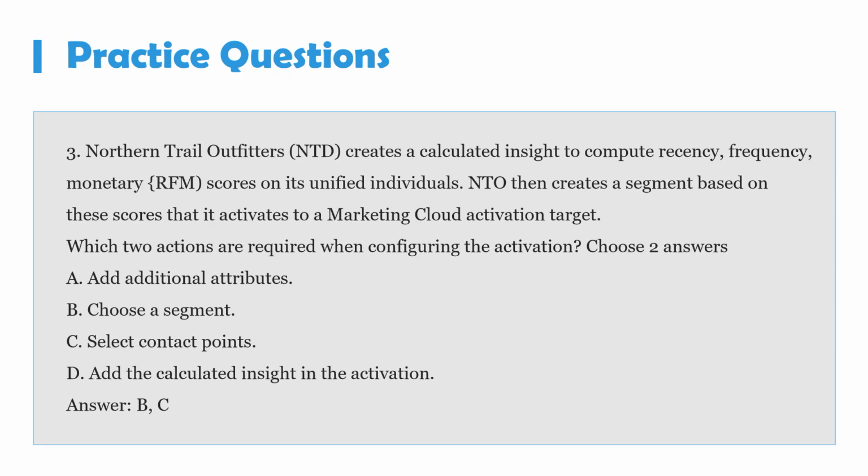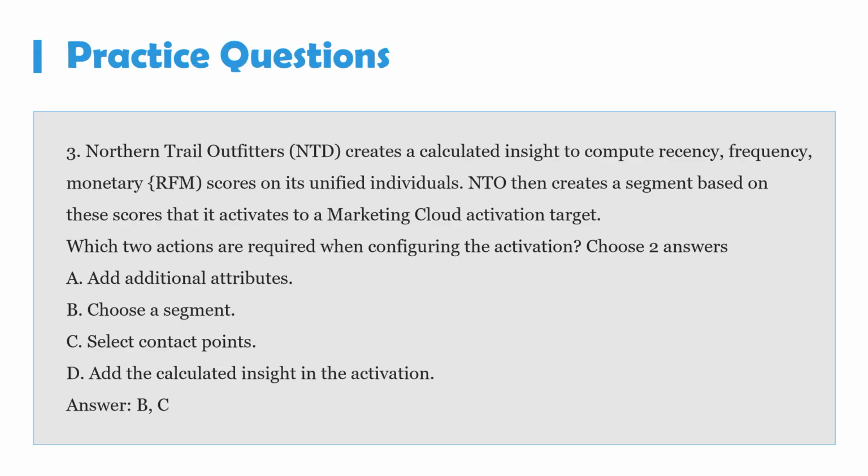3. Northern Trail Outfitters, Ltd., creates a calculated insight to compute recency, frequency, monetary, RFM, scores on its unified individuals. NTO then creates a segment based on these scores that it activates to a Marketing Cloud activation target.